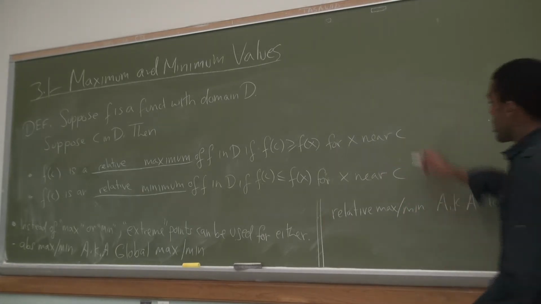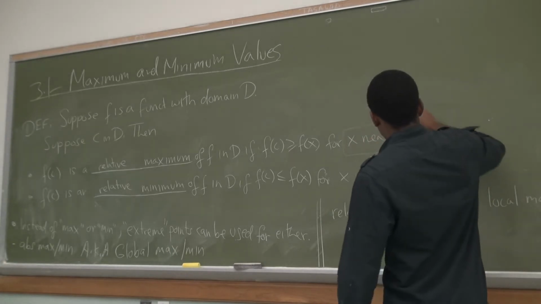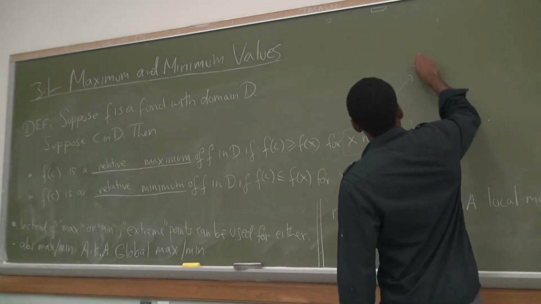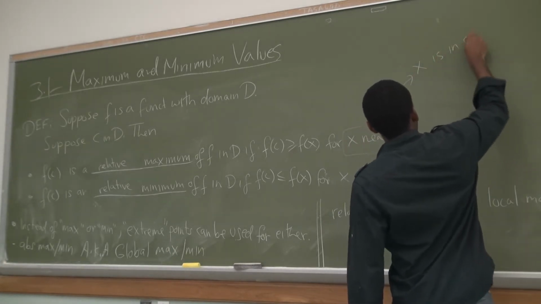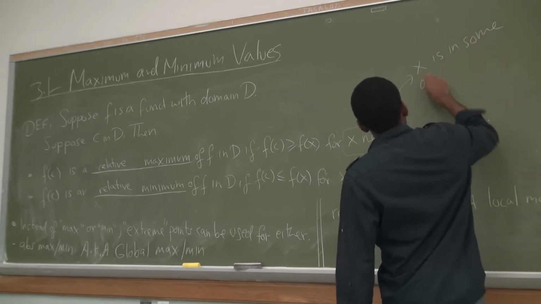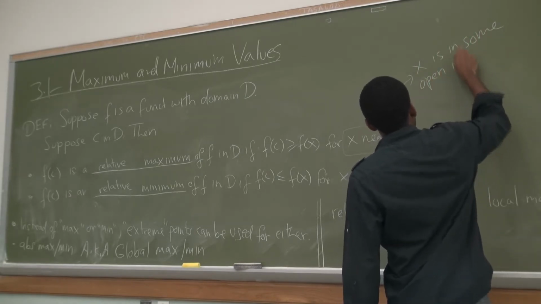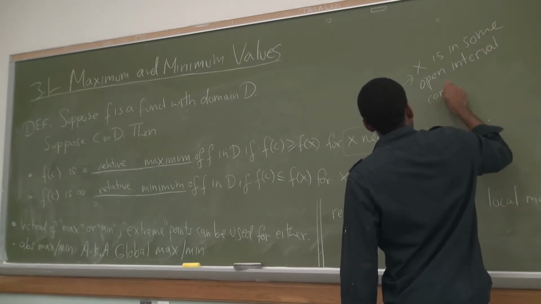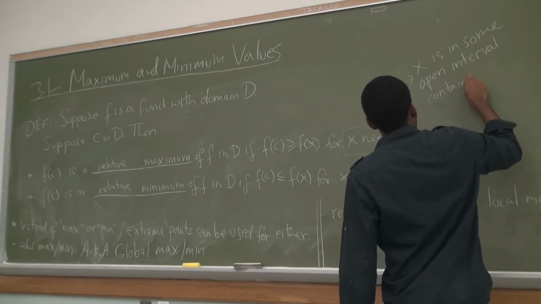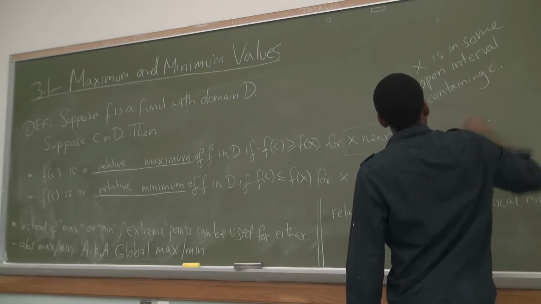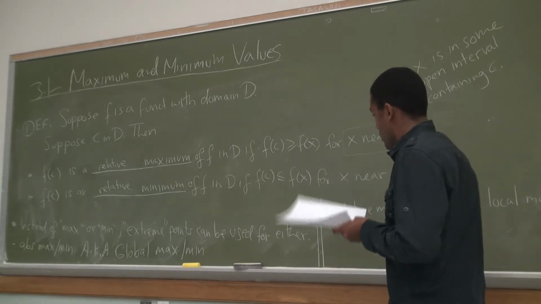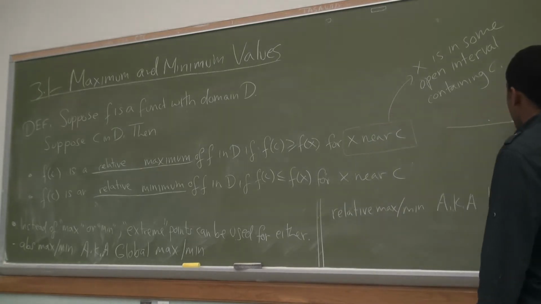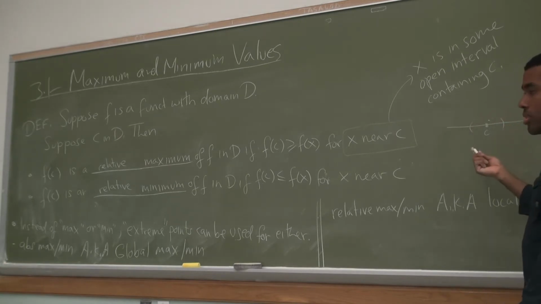Yes, and by x near c, I mean x is in some open interval. Right, so that means if your c is here, then you open some small open interval, right?